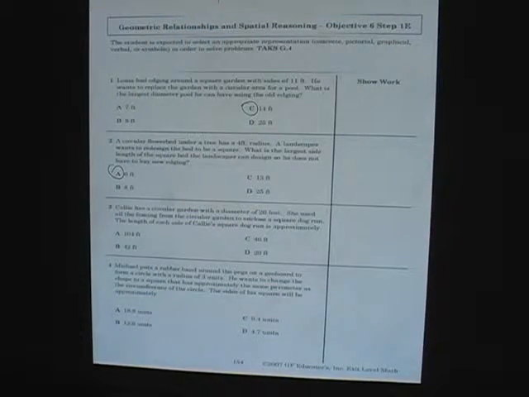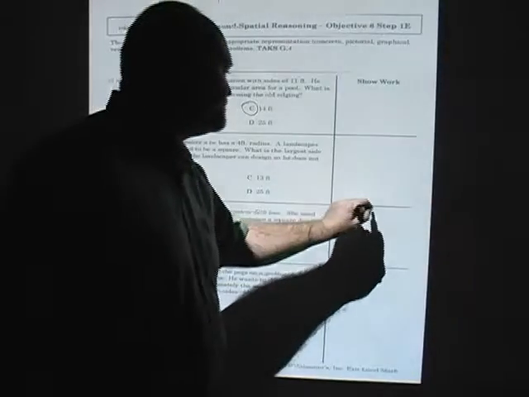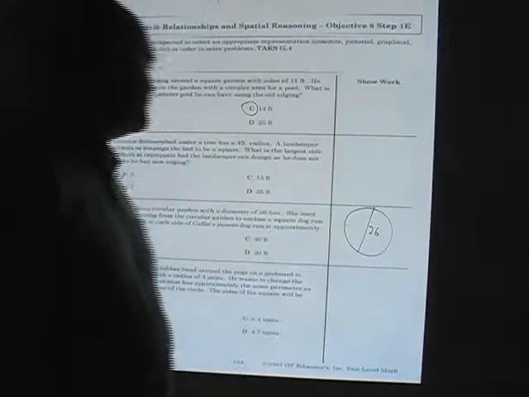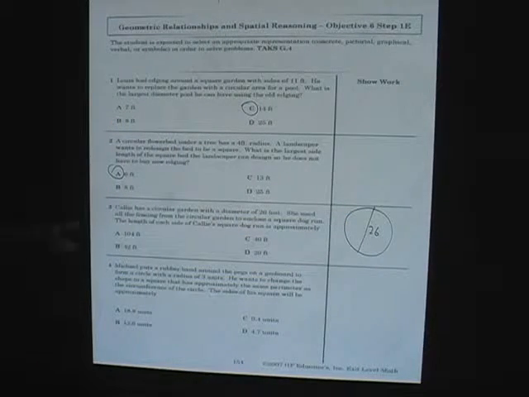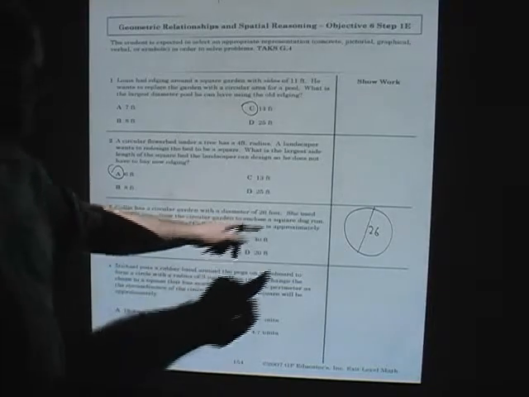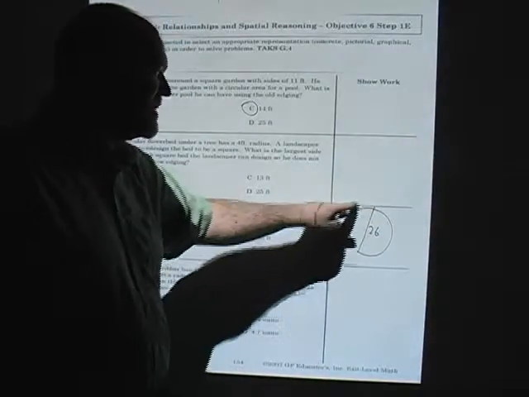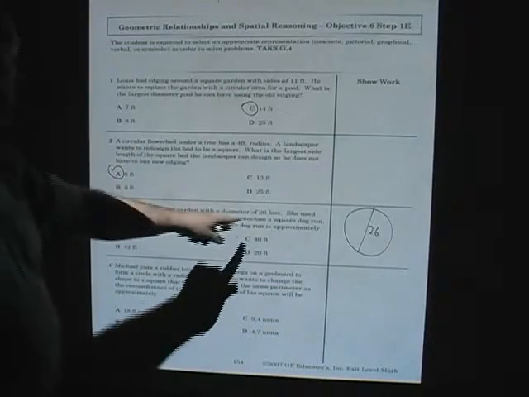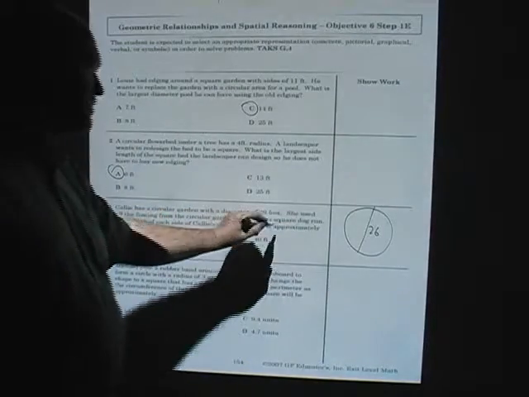3. Got a circle with a diameter of 26. She used all the fencing from the circular garden. Okay, once again, we're using the outside, so we need to find the length of the circumference to enclose a square dog run, and we're going to make a square.